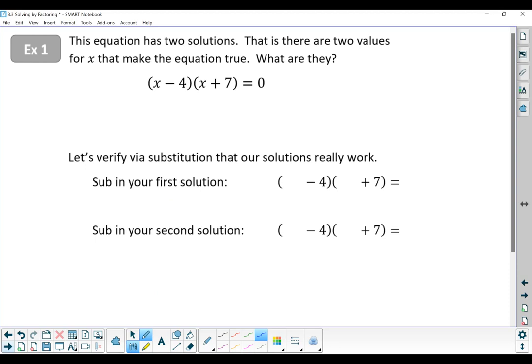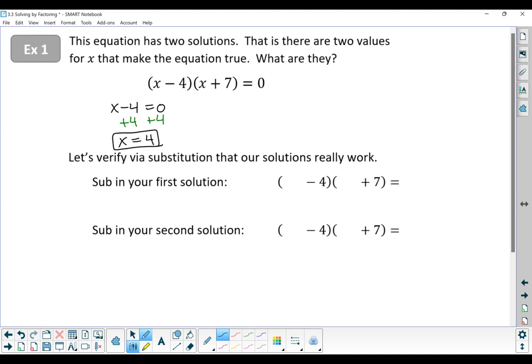So an equation like this has two solutions. What are the two values that make this equation true? Well, the zero product property tells us that either x minus 4 is equal to 0, in which case we have the solution by adding 4 to both sides of our equation.